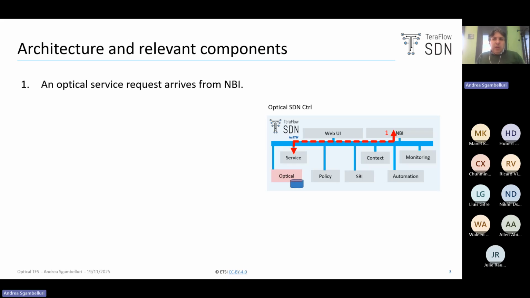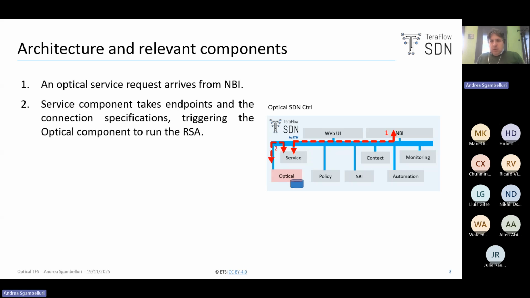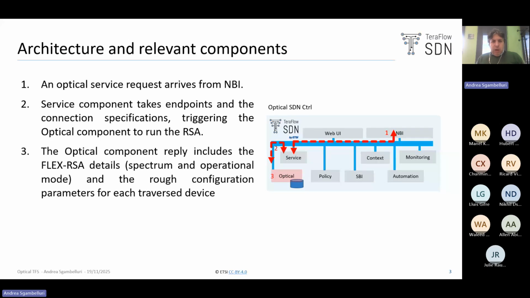We extended the MBI to contact the service for the activation of an optical service. This service block was interacting with this optical controller in order to perform some traditional operations, finding a path, computing the spectrum to be used for this connectivity.